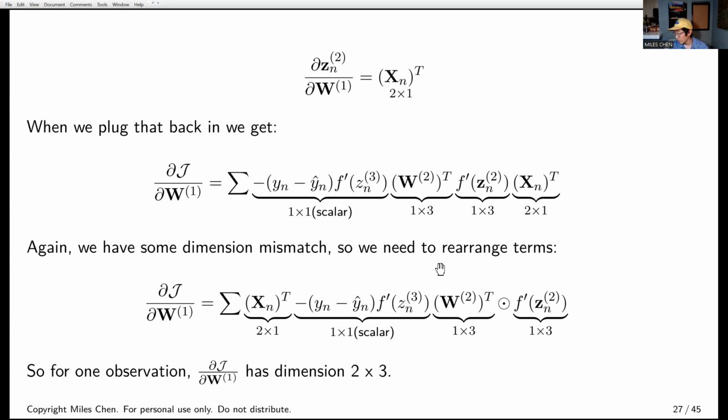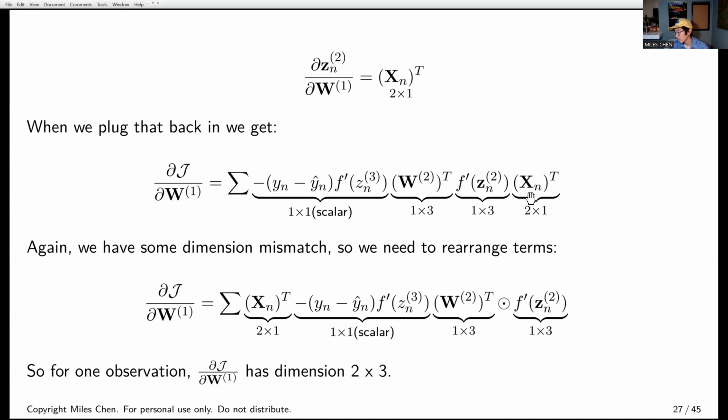And so with that in mind, if we carry out the multiplication, we can see, oh, okay, these elements are supposed to be multiplied together. I have 3 elements in W2, and I've got 3 elements inside the nth row of Z, and I want to multiply the first by the first, the second by the second, and the third by the third. Okay, how do I do that? Well, I can use element-wise multiplication here, right?